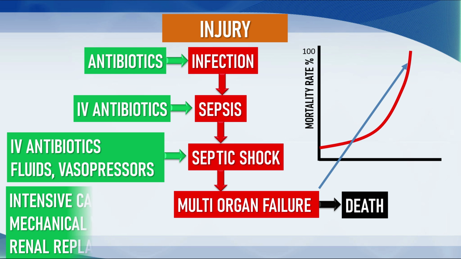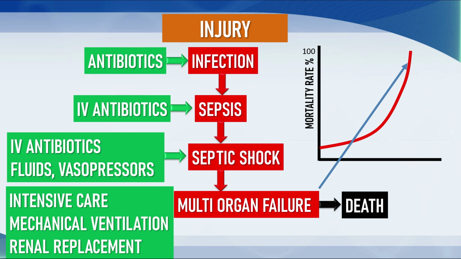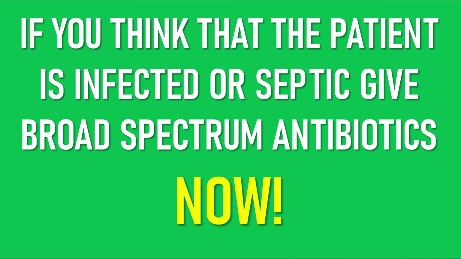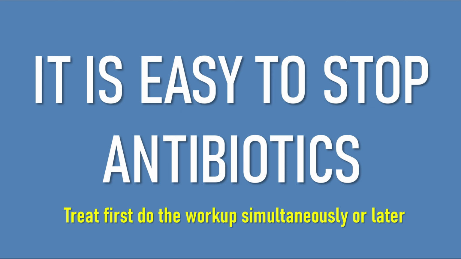And if they develop multi-organ failure, they're in the ICU receiving mechanical ventilation and often kidney replacement therapy. I will point out that if you think that the patient is infected or septic, give them broad spectrum antibiotics now. It's easy to stop antibiotics. Treat first and do the workup simultaneously or later.